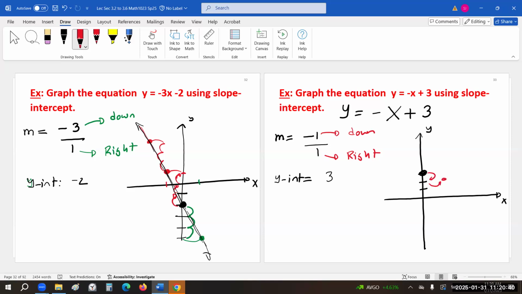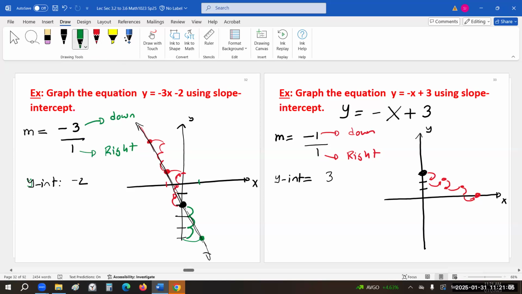And if you want to walk more, you can go 1 more down, 1 more right. 1 more down, 1 more right. You can keep walking as many times as you want. But let's say I want to walk this way. So what would be our step?